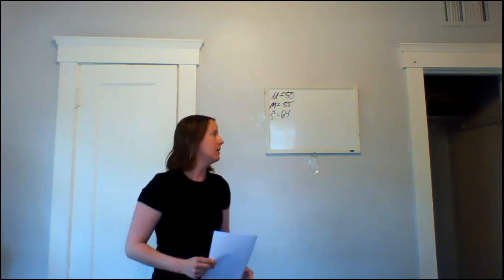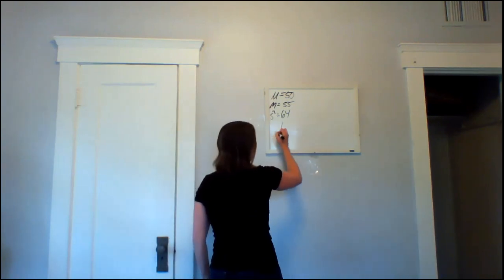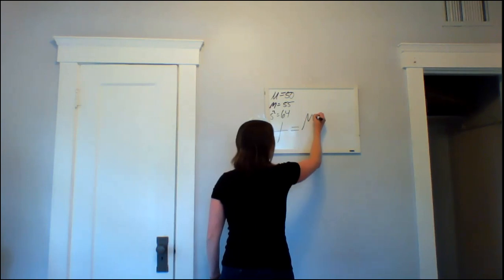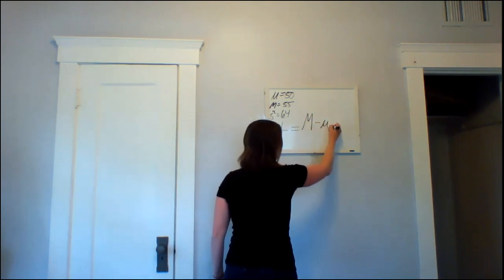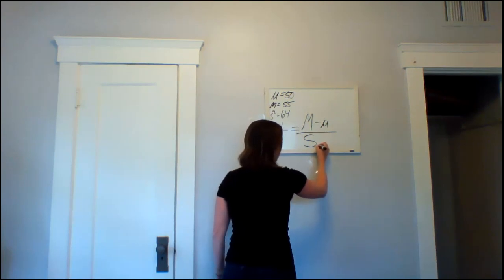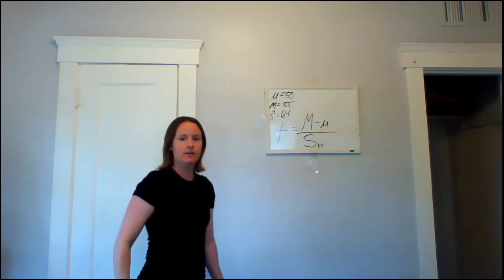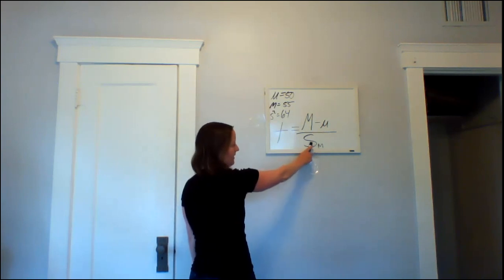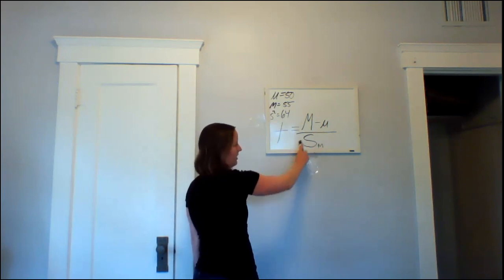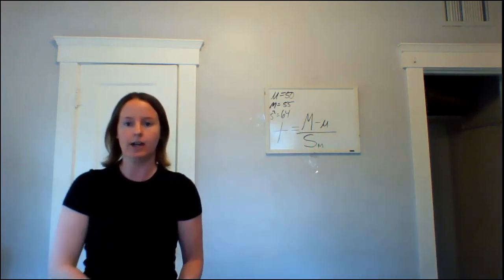If you'll remember, t is equal to the sample mean minus the population mean over the standard error. Step 1 is to get this value here, this denominator. Let's go ahead and calculate the standard error.